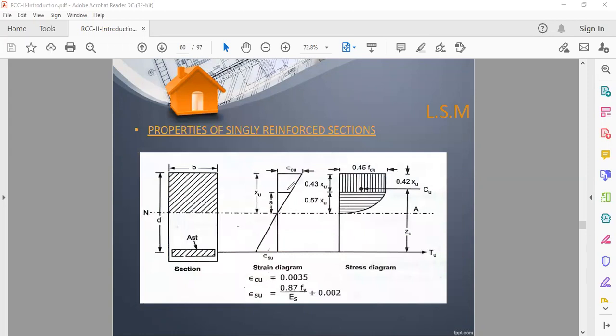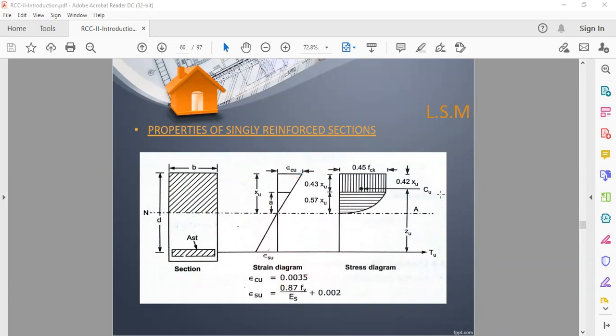As we have seen, the maximum strain epsilon cu on the compression part is 0.0035, and epsilon su on the steel is 0.87 Fy by Es plus 0.002. Now this is the neutral axis, and this is Xu. Also, you have to calculate Xu max.